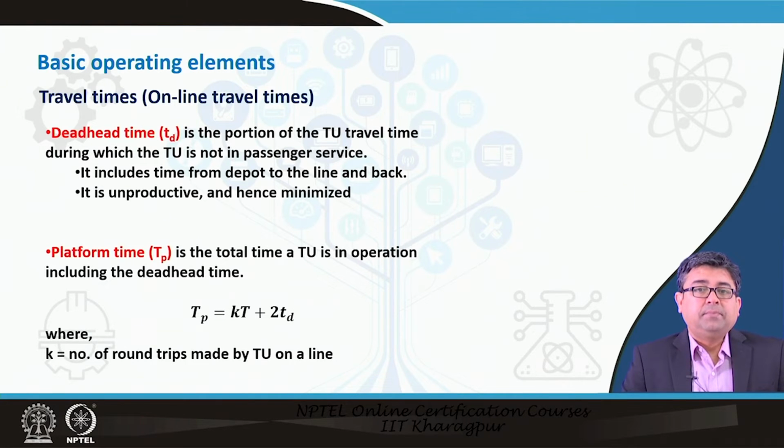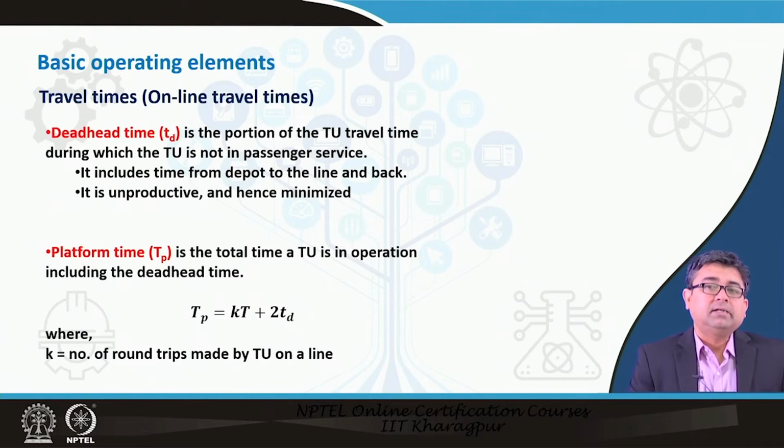Then is the platform time. This is the total time a TU is in operation, including the deadhead time. So, when somebody says the platform time of a TU, we have to remember that the platform time includes the deadhead time along with the operational time. So, the operational time, when it is actually functioning and serving the passengers, plus the deadhead times.